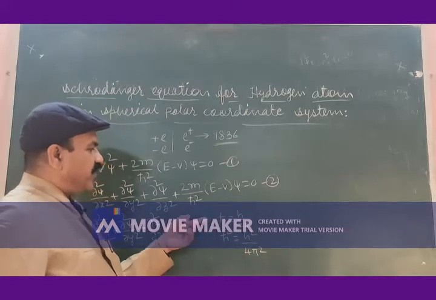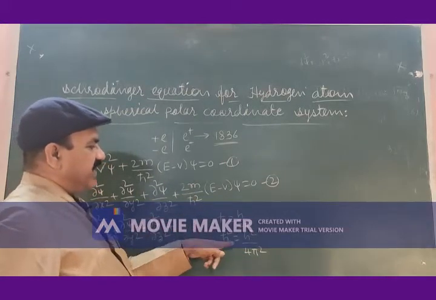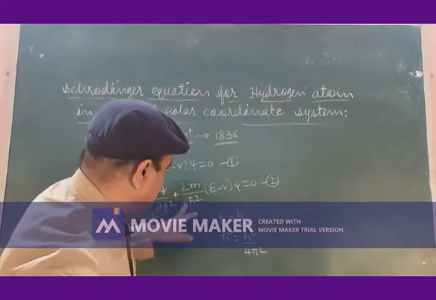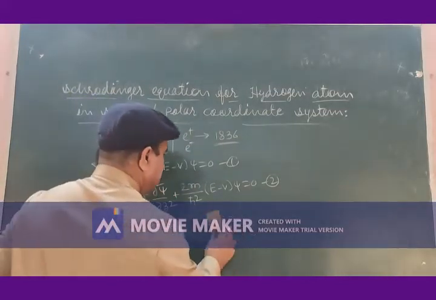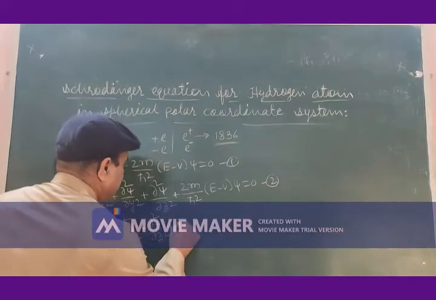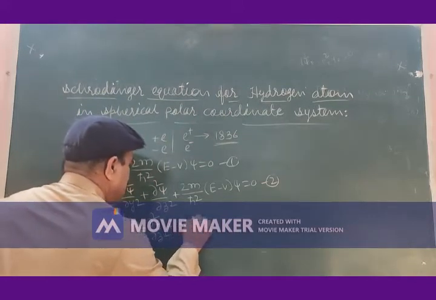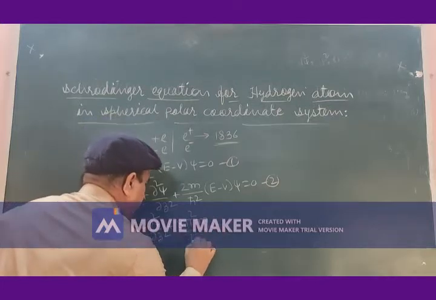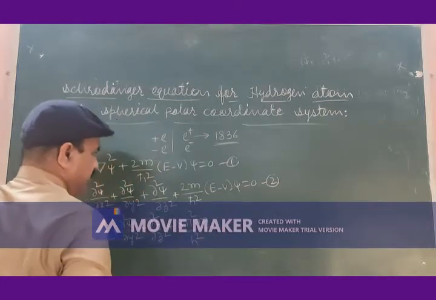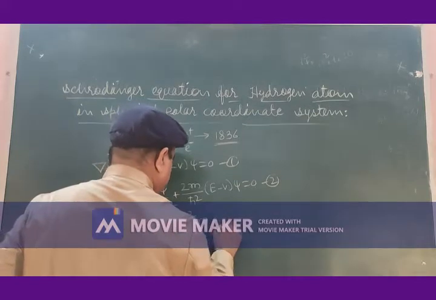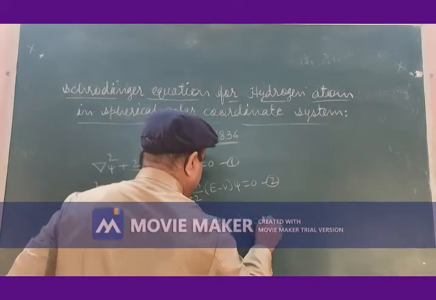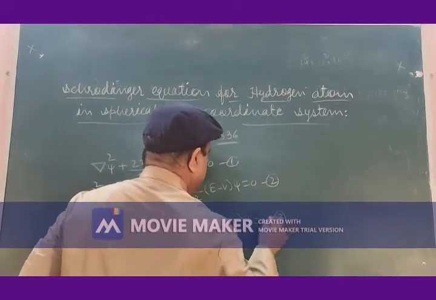If you take this 4 pi square in the numerator, as this 4 pi square is the denominator of the denominator, the last term may be written as 8 pi square m divided by h square into (E minus V) psi is equal to 0, equation 3.